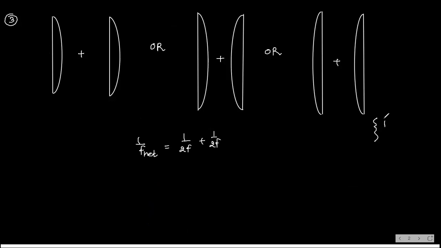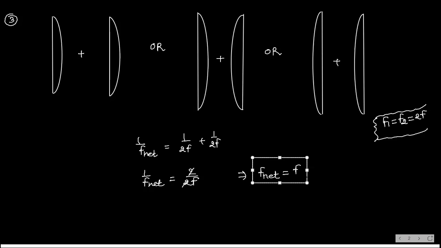From the previous case already we have F1 is equal to F2 is equal to 2F. Already we solved this. So therefore directly I am writing here, 1 by F net is equal to 2 by 2F, and this 2 and this 2 will get cancelled. That implies F net is equal to F. Understand? Is that clear?